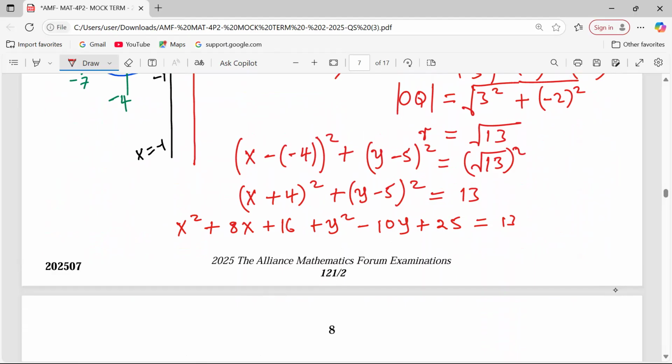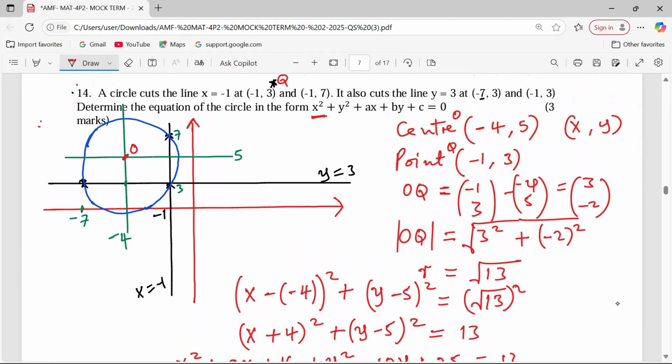So we rearrange to begin with x squared, followed by y squared, followed by 8x, followed by -10y. Then the constants now: positive 16 plus 25, then minus 13, because to the left-hand side, 13 becomes negative. That will be positive 28 now, equals 0 that way. So we have the equation in the right format.